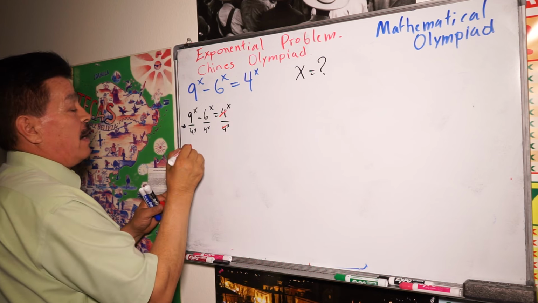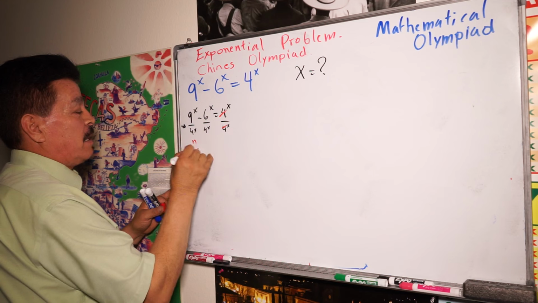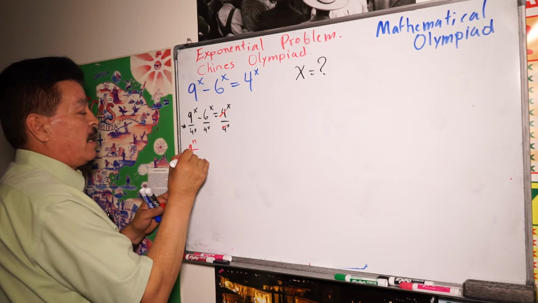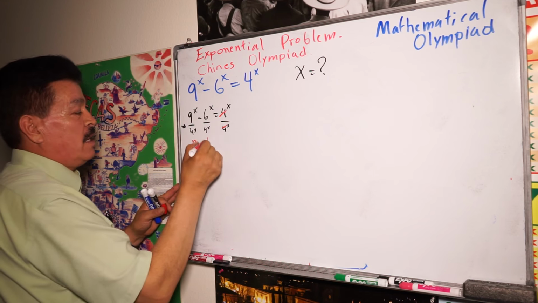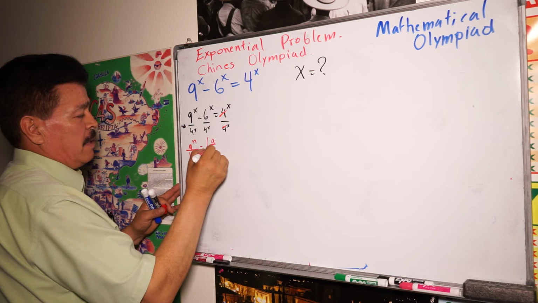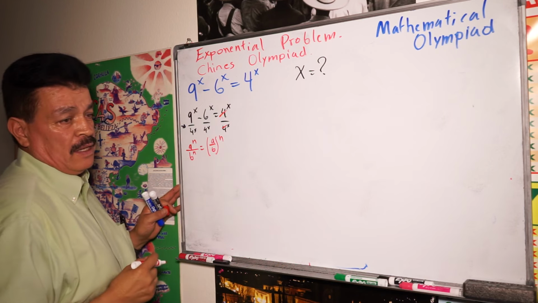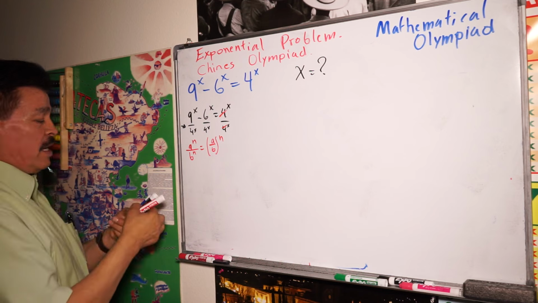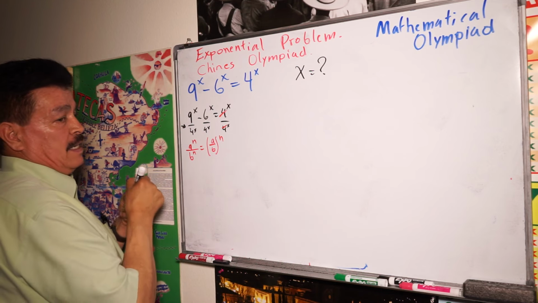Here I want to write some very important rules, remember. For instance, a to the n power divided by b to the n power equals a divided by b, to the n power. So let's simplify here.